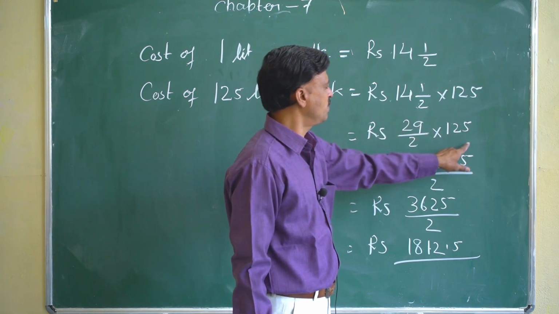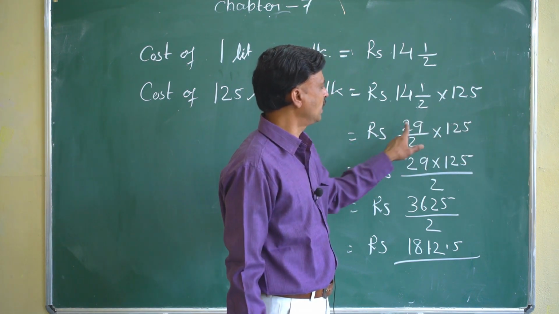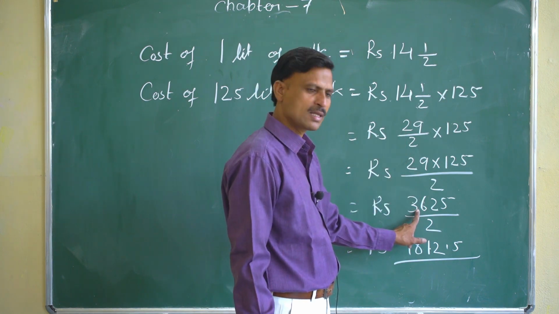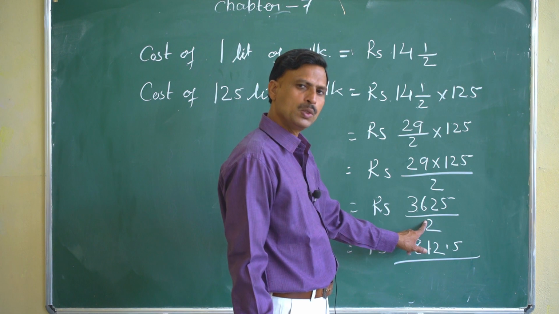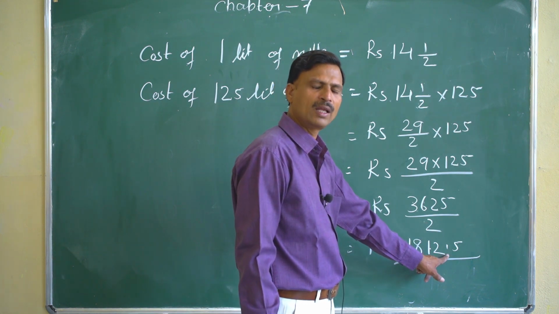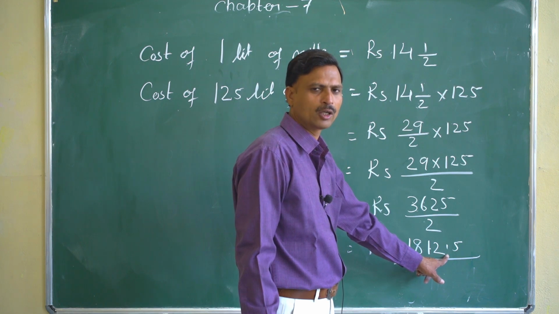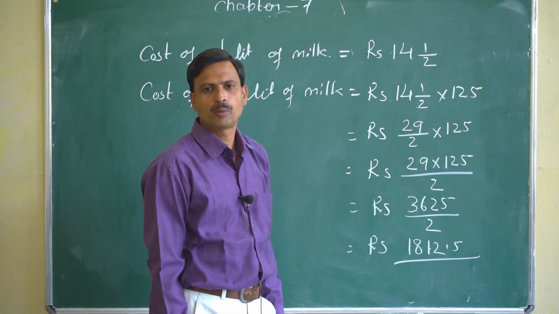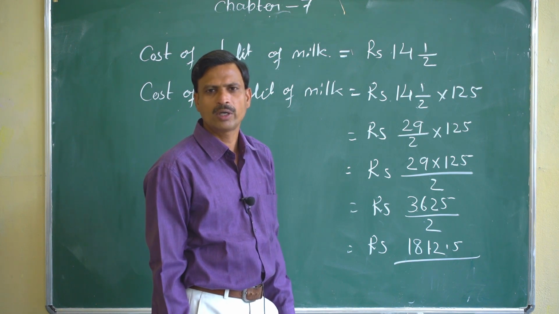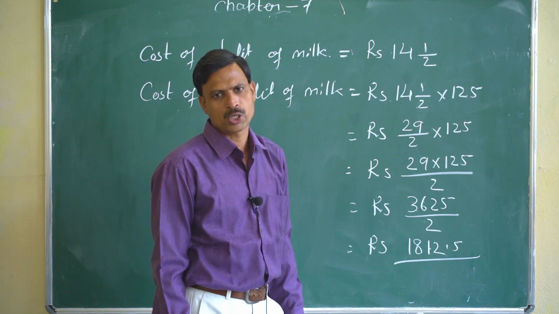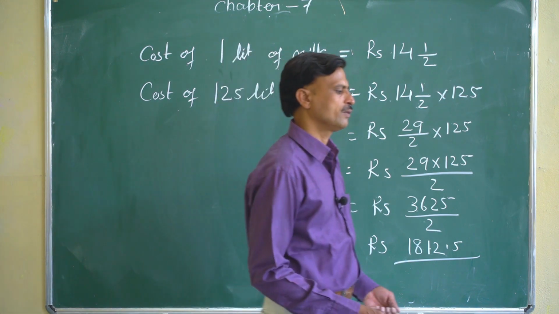You see there is no division or cancellation, so 29 multiplied by 125 gives 3625 divided by 2, so we are getting 1812.5, that is the cost of 125 liters of milk. Clear? So this is the word problem in which the value for less quantity was given and we have to find the value for the more quantity. Now the next type of question.